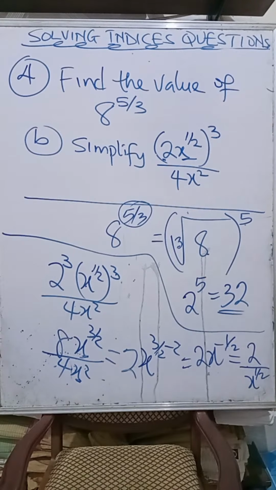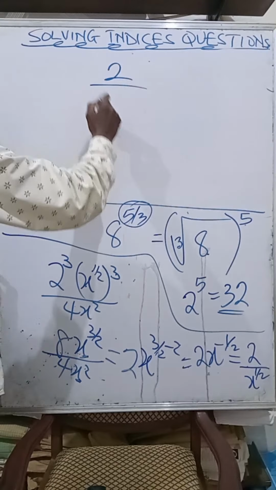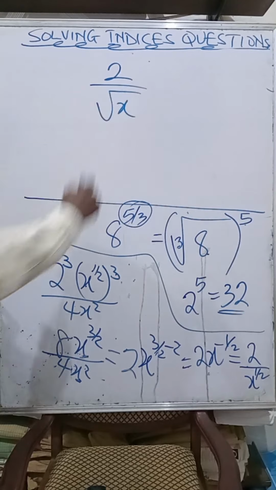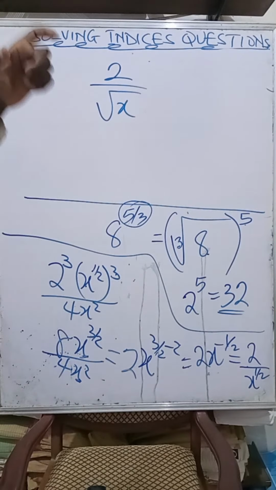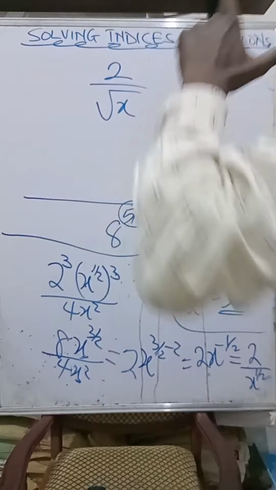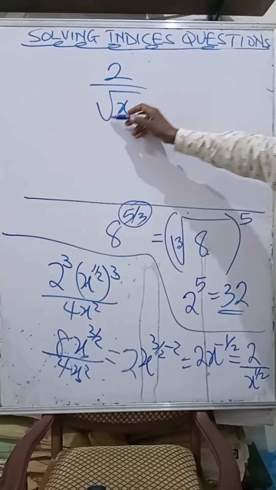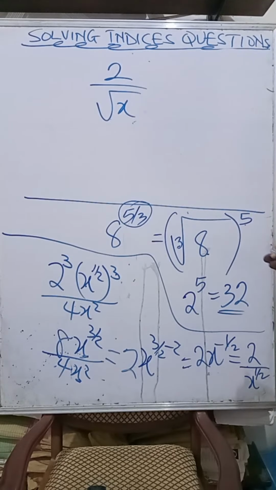Okay, which is 2 times 1 over x to the half. So that will give you this. On the final conclusion, square root of what? Square root of x. I've told you, when you have your power as half, it's going to be square root of that variable.